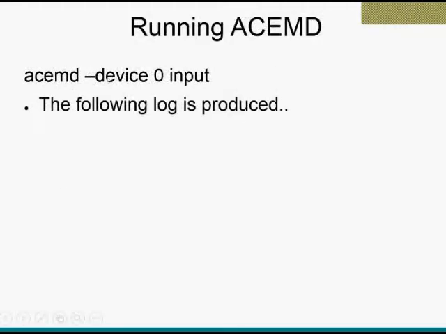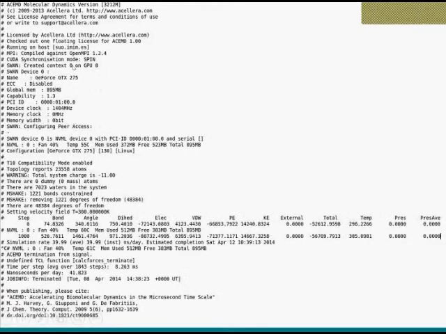So as I said before, running ACEMD with that input file is a very straightforward matter. That's all you need to type, and then when it runs, this is representative of the output that you see. So starting from the top, when ACEMD runs, it prints out some boilerplate. It tells you about the license entitlement that you have, then gives some information about the device on which it's running.